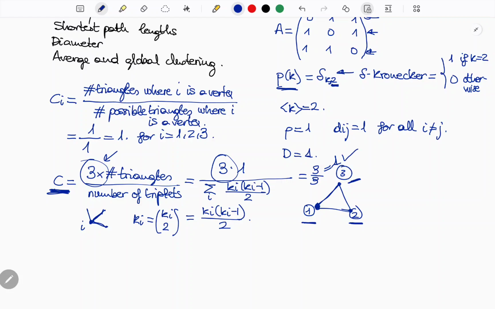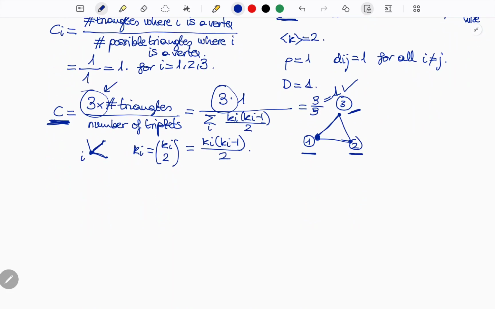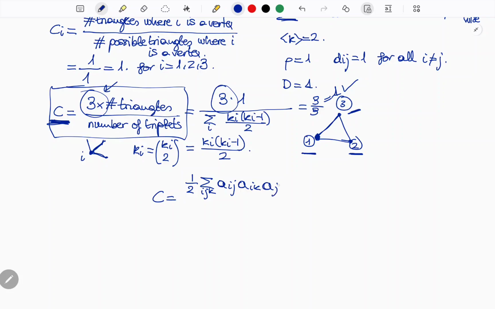And this is why I wanted you to use this formula. By the way, the formula that is in the notes is not right. I'm going to correct it, okay? It should be something like this. I mean, this formula is okay, this is right, but the one that is not okay is the other one, the one with a trace, okay? So it's 1/2 times the summation over i, j, k of a_ij a_ik a_jk. So this 1/2 is missing, okay?